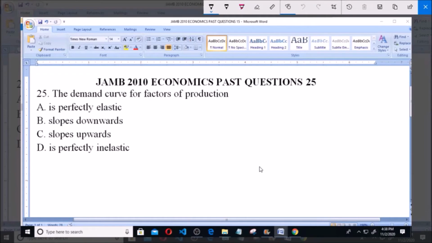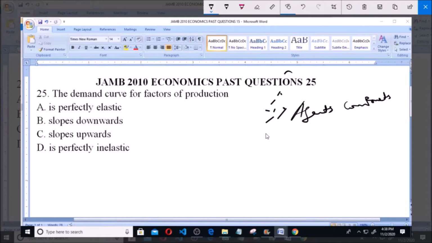Before we look at the options, let's look at what factors of production are. Factors of production refers to agents, components or resources which are combined together to produce goods and services.